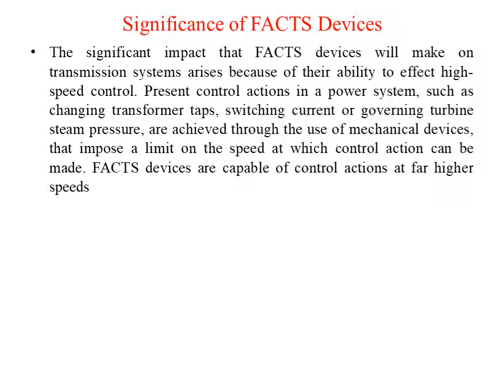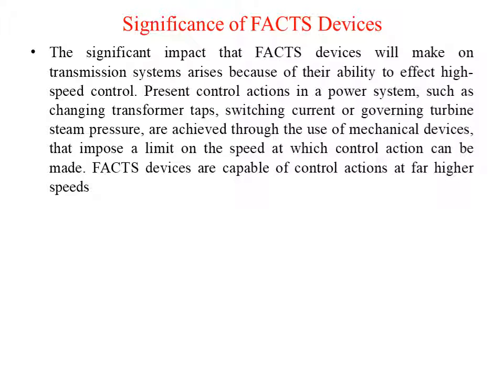The significant impact that FACTS devices will make on transmission systems arises because of their ability to effect high-speed control. Present control actions in power systems, such as changing transformer taps, switching current, or governing turbine steam pressure, are achieved through the use of mechanical devices that impose a limit on the speed at which control action can be made.